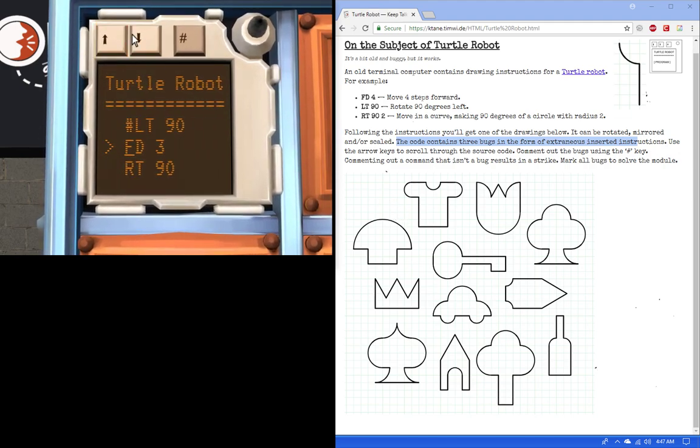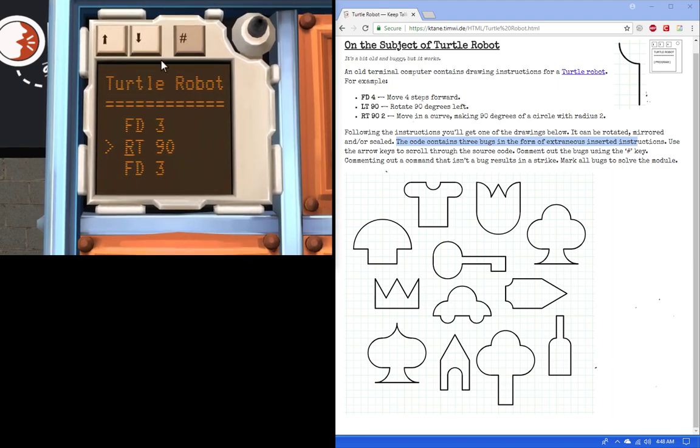This is forward 3. Forward 1, I mean. Then RT 90. Yes. Then forward 12. LT 90. Yep. Forward 4. Yep. LT 90. Yep. Forward 3. It should be forward 4. Okay, I see. Comment that out.